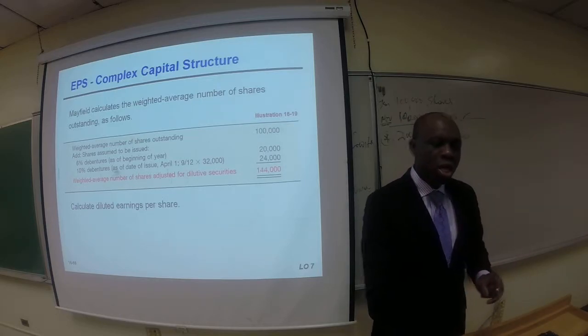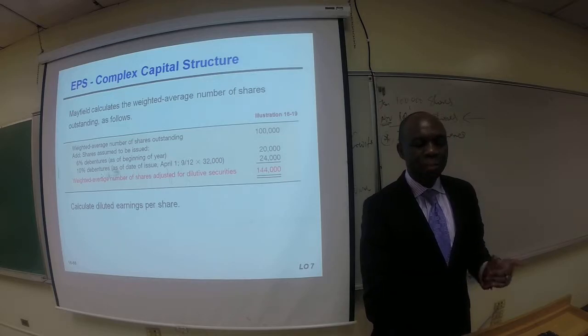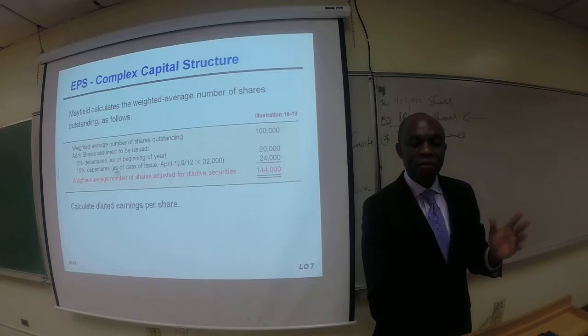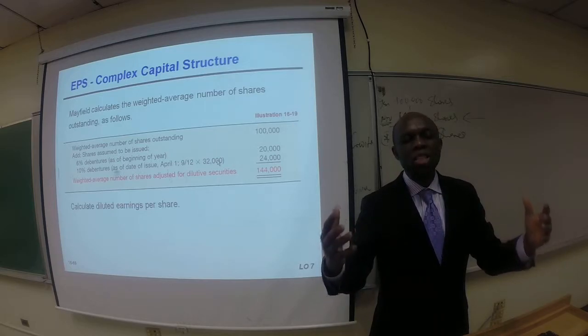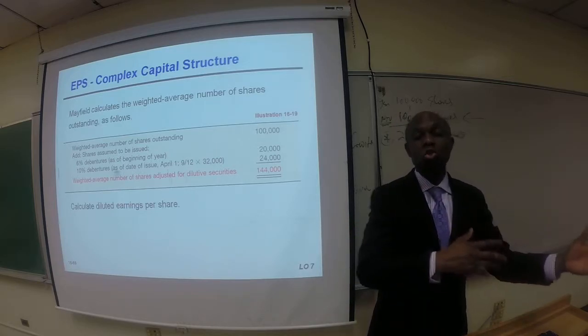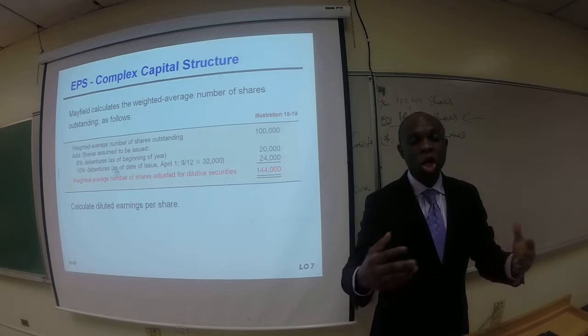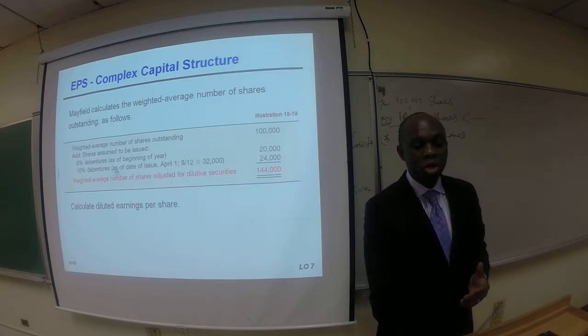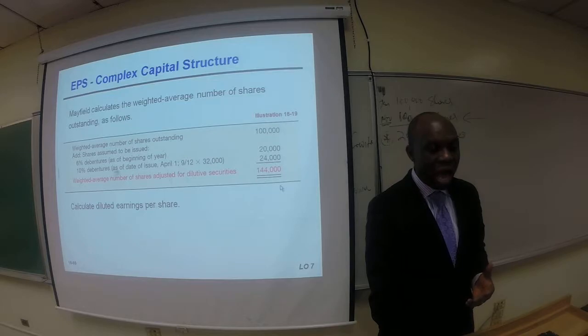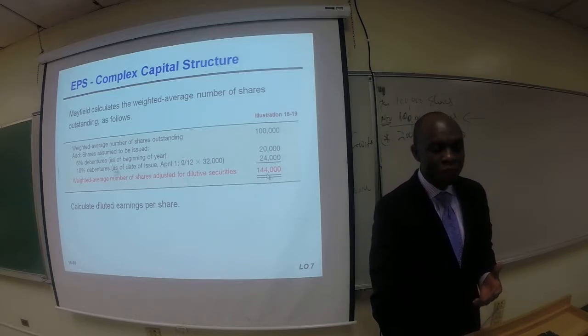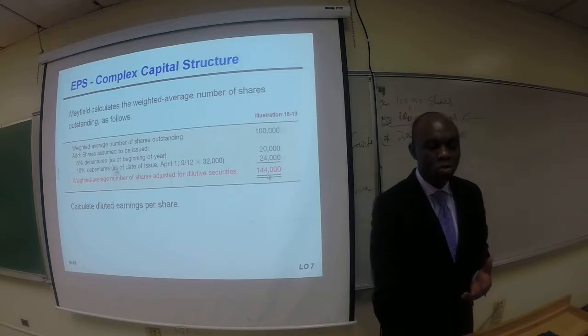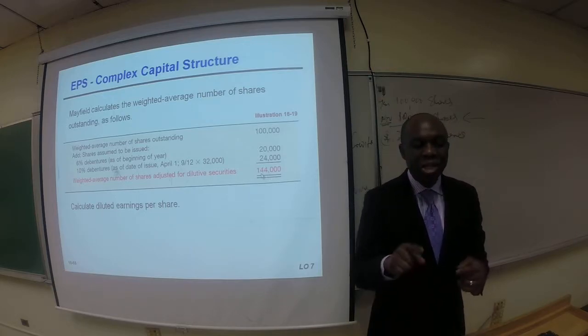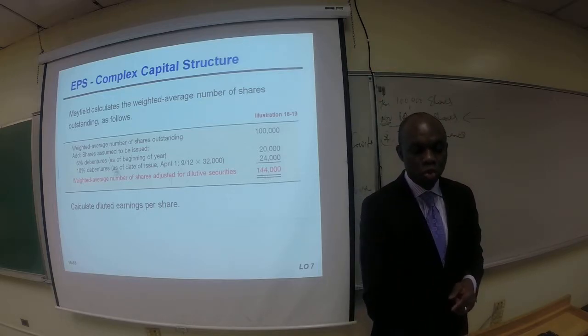Then the 10% debenture was issued during the year, on April 1st, so we have only 9 months. So 9/12 of 32,000, assuming the debentures were converted to 32,000 common shares, gives you 24,000. Adding that gives you 144,000. So the weighted average number of shares adjusted for dilutive securities is 144,000.